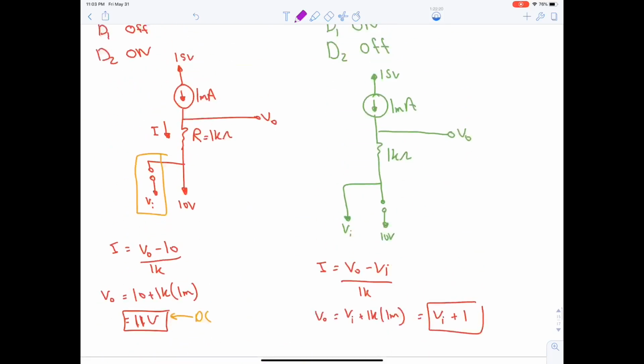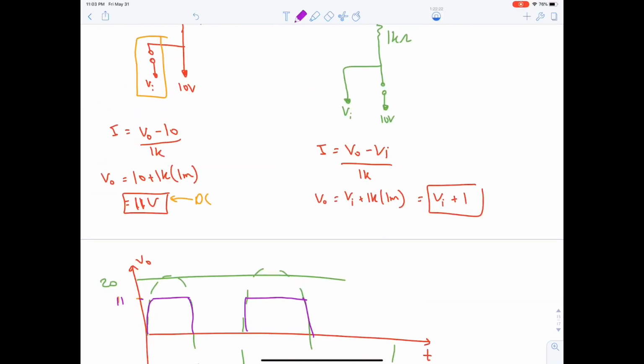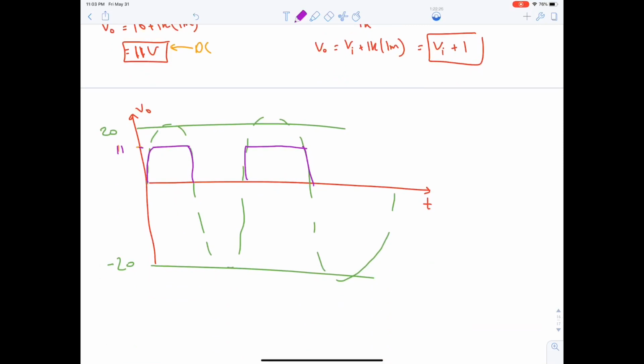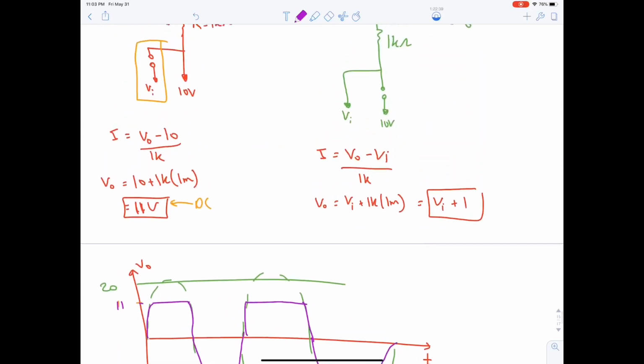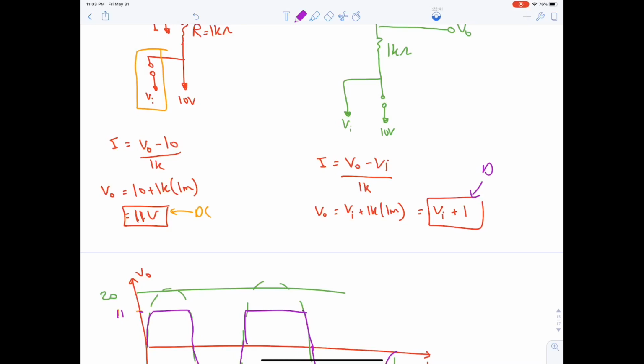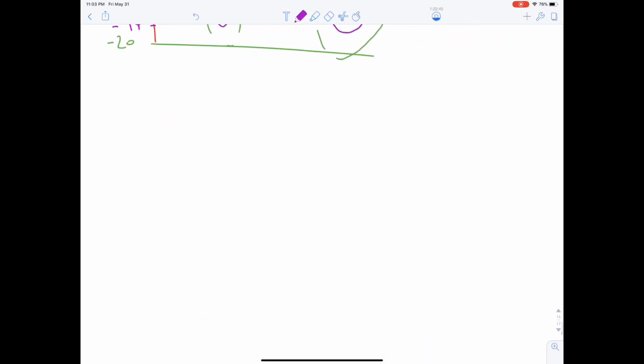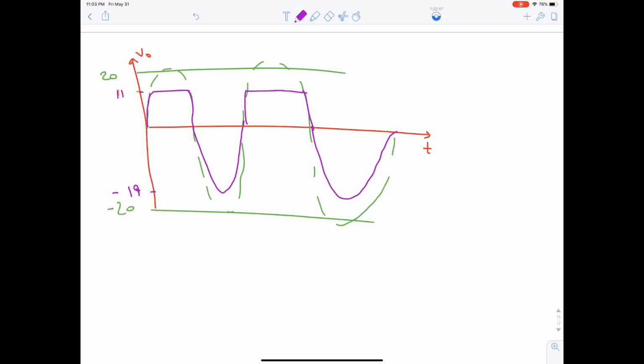And in the negative, V output is VI plus 1. So it has to be like this, right? So it will be minus 19, and it's a new signal because it's AC. See, it's AC because there is a VI component. Now, so this is the waveform.